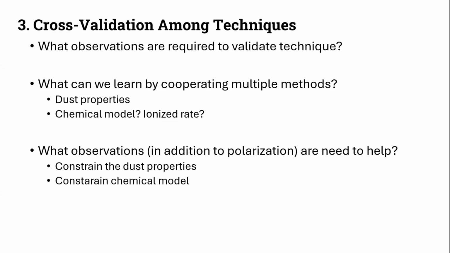When we turn the cosmic ray ionization off, we see that we don't have enough electrons to induce the rotation measure that we observe. So cosmic rays are very important in providing free electrons, and maybe that's an approach that we can explore to compare with the chemical results too.